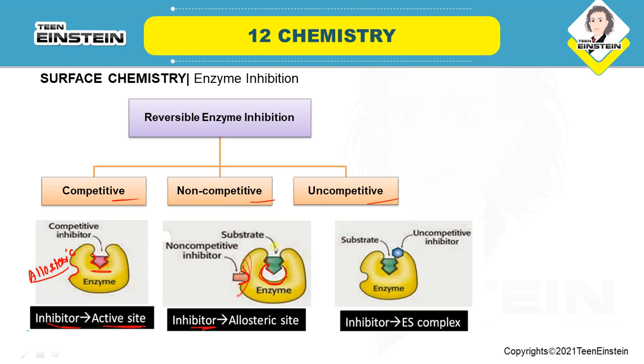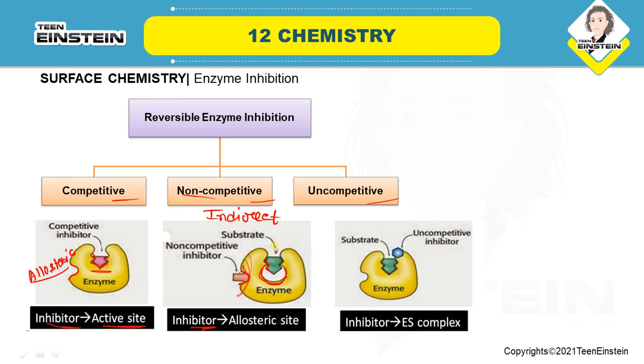So here also we are getting inhibition, but it is not direct inhibition, it is indirect inhibition. Why is it indirect? Because here the inhibitor is not approaching the active site, where the substrate is present. So there is no competition. So the name is non-competitive inhibition. Inhibition is there, but there is no competition between inhibitor and substrate.